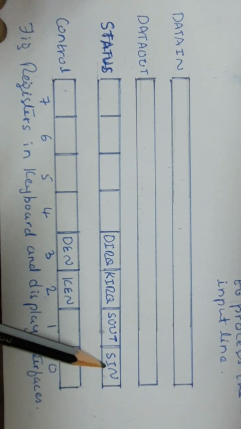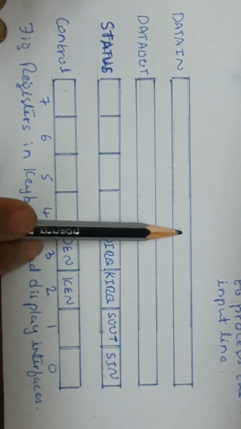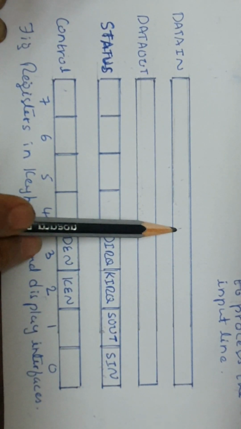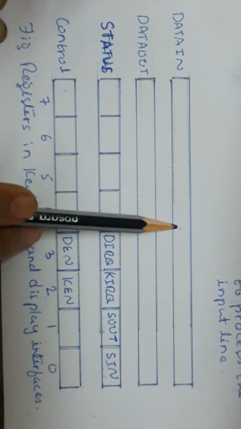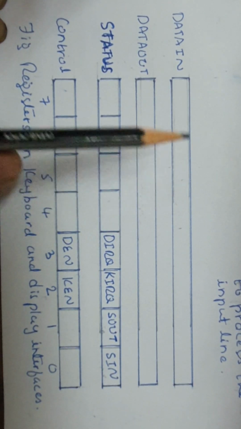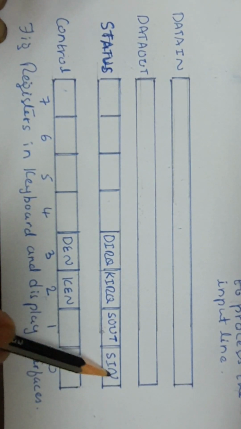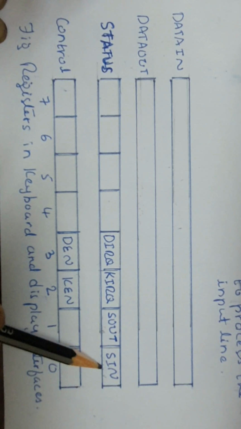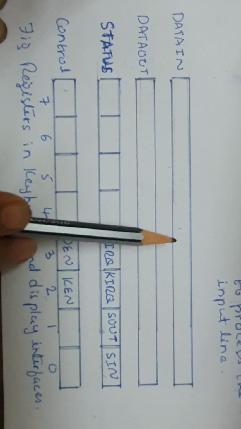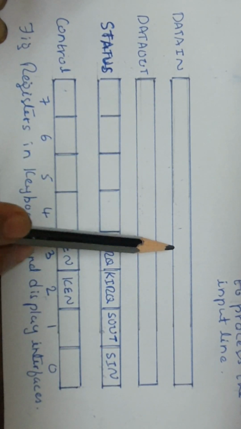Whenever the user presses a key and the data is ready in the DATAIN register here, then the processor reads this, means copies this data into its register. That can be done only when the SIN bit is 1. That is, keyboard is ready with the data in the register, right?